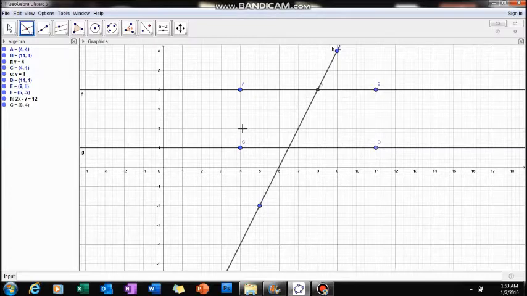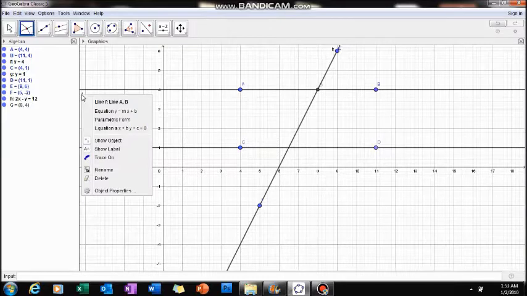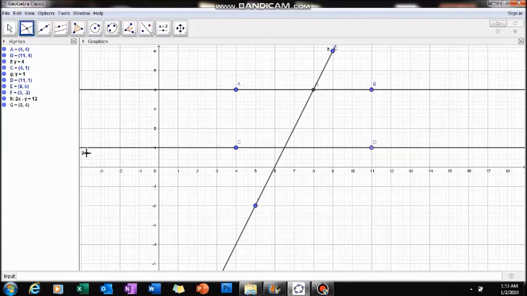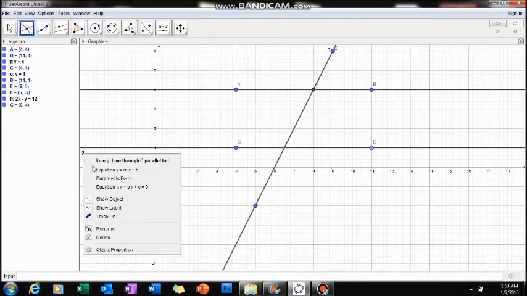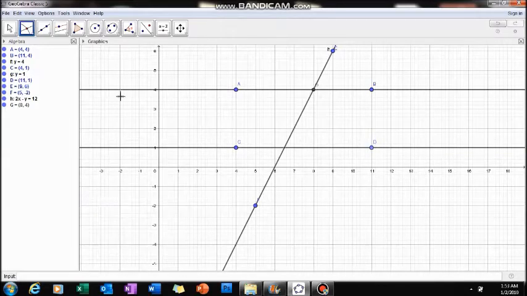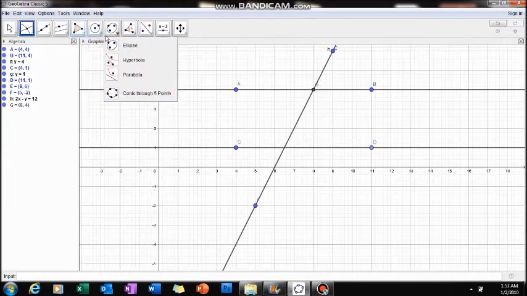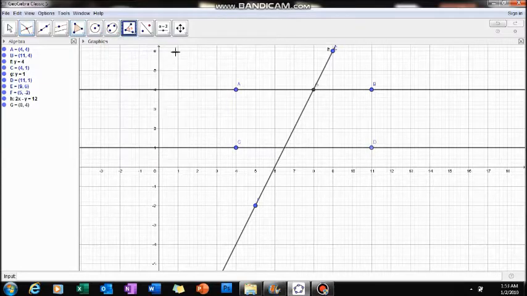Then you should measure the angle. First we show the label. Okay, we measure the angle like that. Okay.